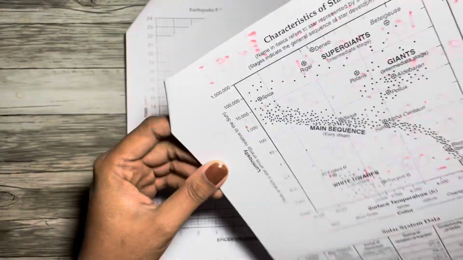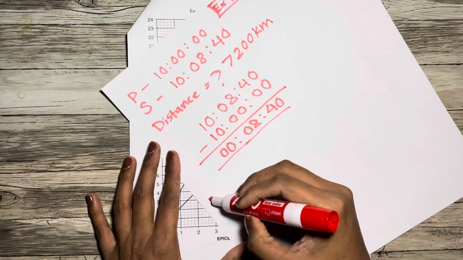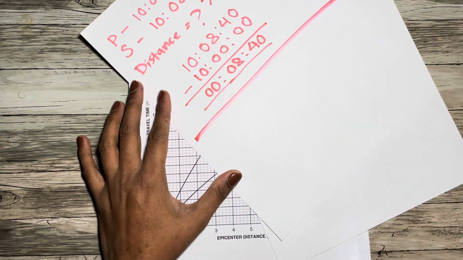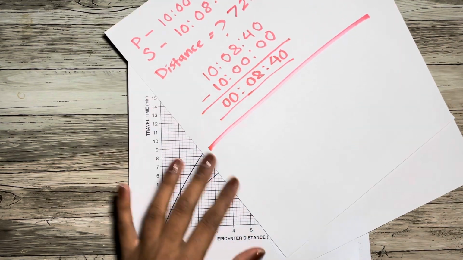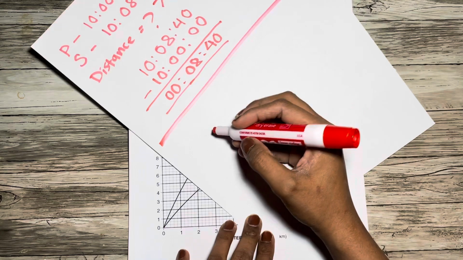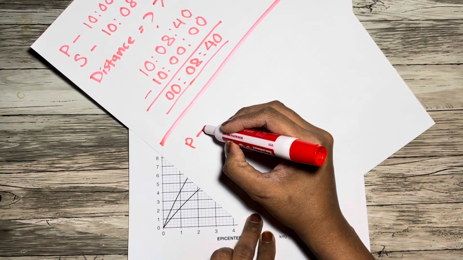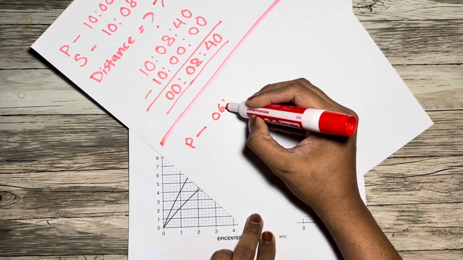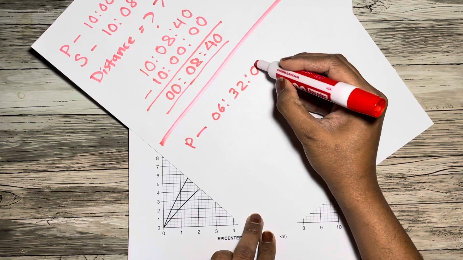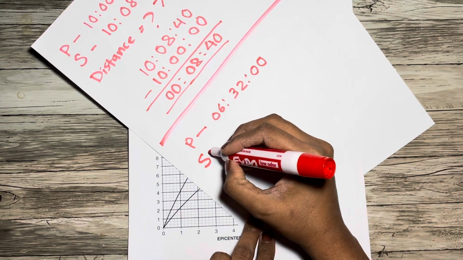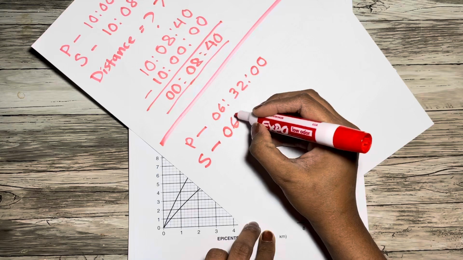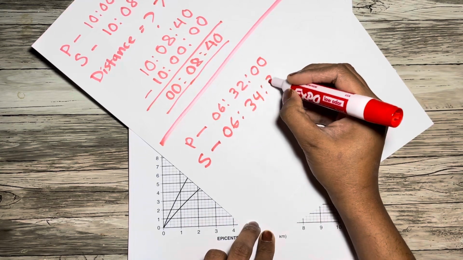Okay, so for example 20, I'm just going to do it in the bottom over here. Example 20 says that the P wave arrived at 06:32:00 and my S wave arrived at 06:34:20.